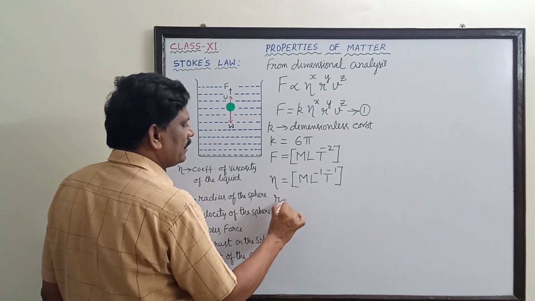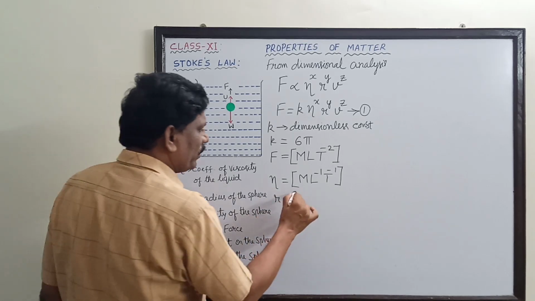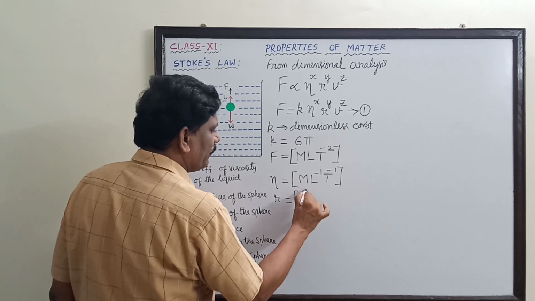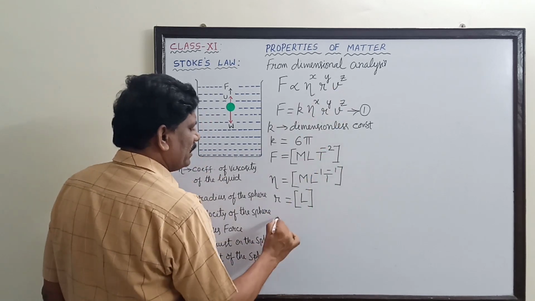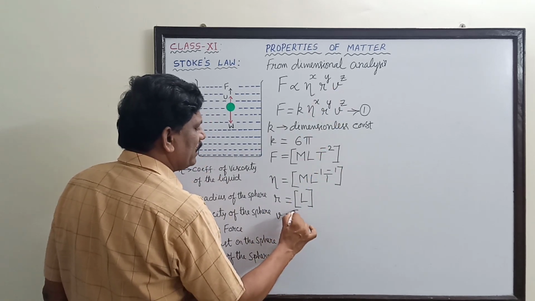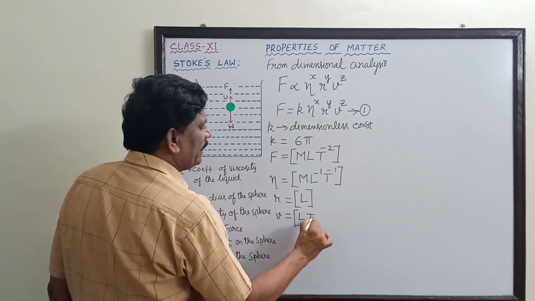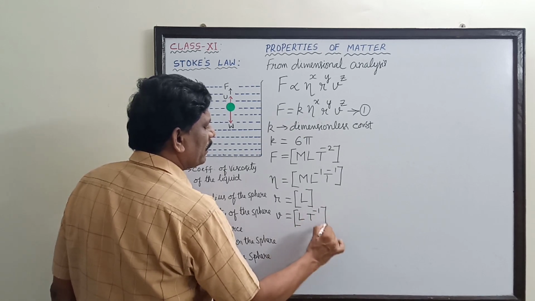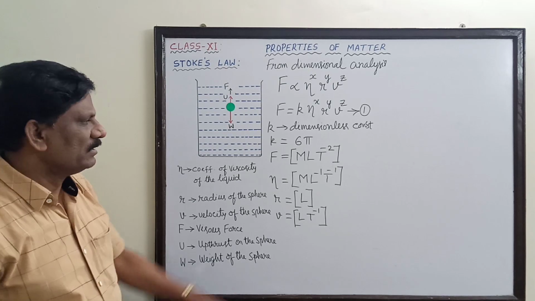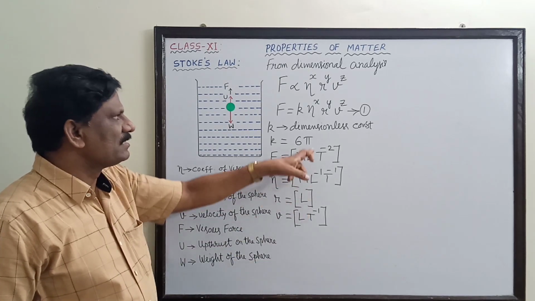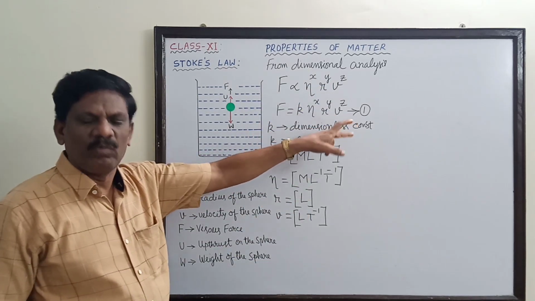Then the radius is merely length only, so it is L. And the dimension of velocity is L T power minus 1. So these are the dimensions of the various terms on both sides of equation 1.